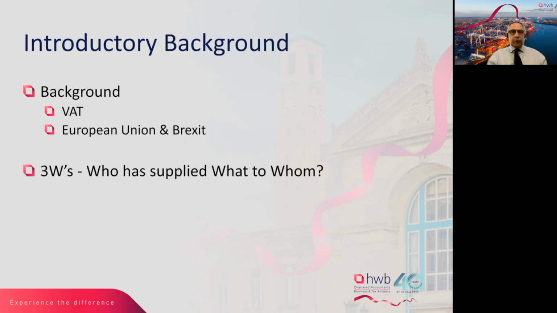So I'll start off with a quick background. Obviously, you're all aware of VAT as being a tax on consumption charged at each stage of the supply chain. It was designed as a simple tax, but significant complexity has evolved over time. While the standard VAT rate in the UK is 20%, rates vary globally.